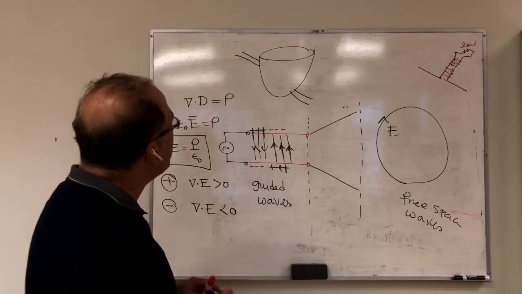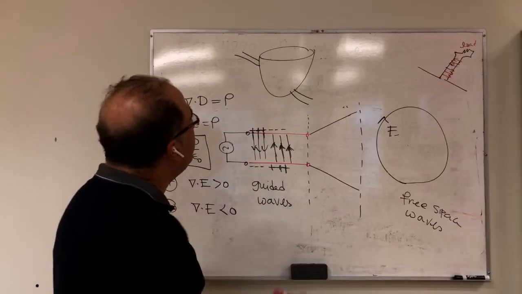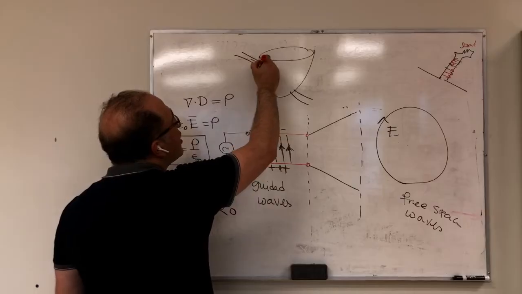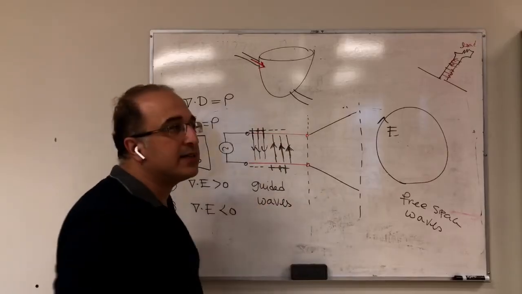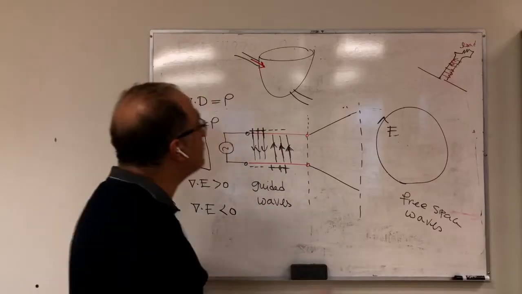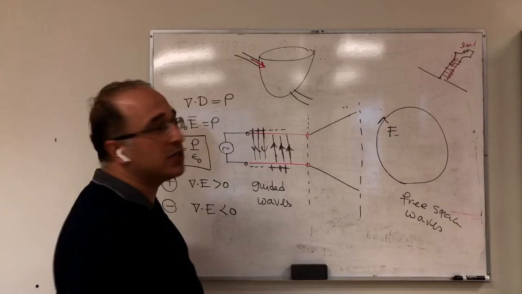If you have a toilet bowl like that, then the water enters from here. So what happens if the water enters? At this point, divergence is positive because the water is diverging from here.